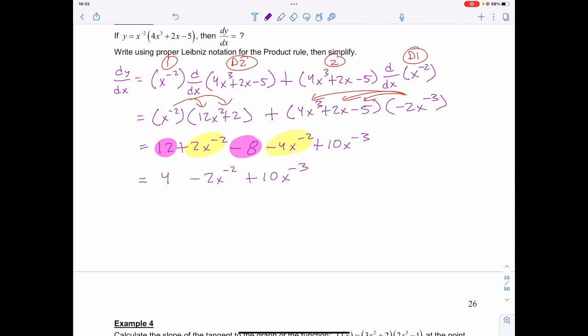Now I'm going to pull out the common factor, the lowest exponent for x, which is x to the negative 3. And when I remove that, I'm going to take out a common factor of 2.